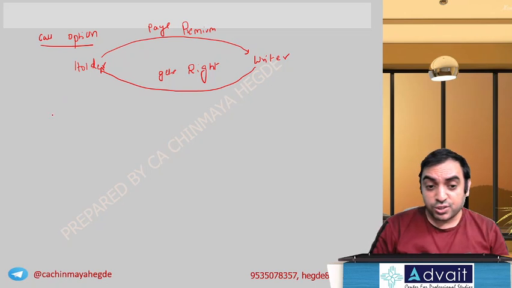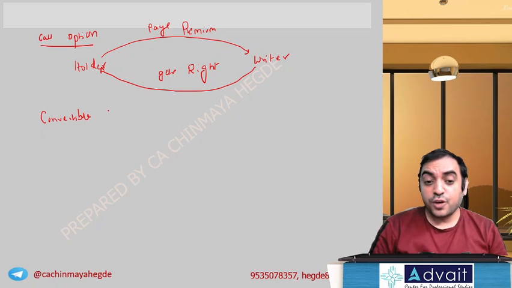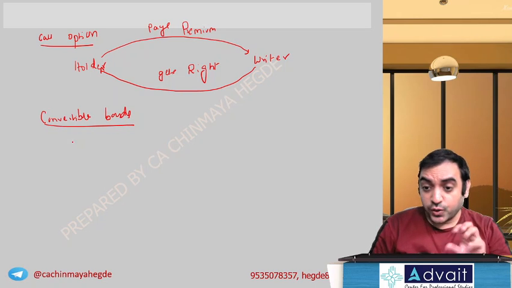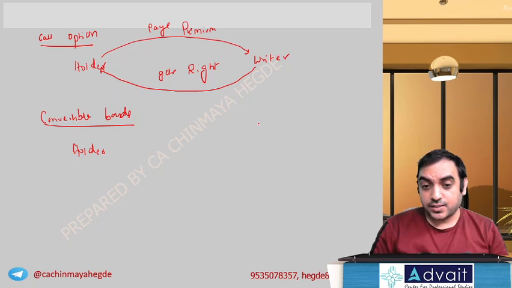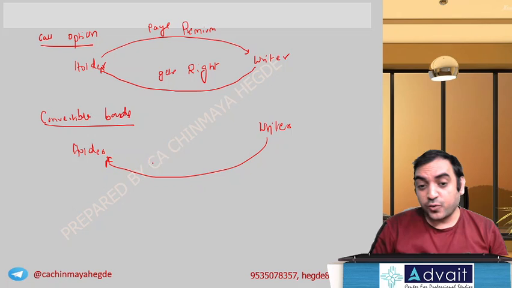Now, in the case of convertible bonds, also the holder is getting the right. The right to convert. He can decide when to convert, I mean, whether to convert or not.